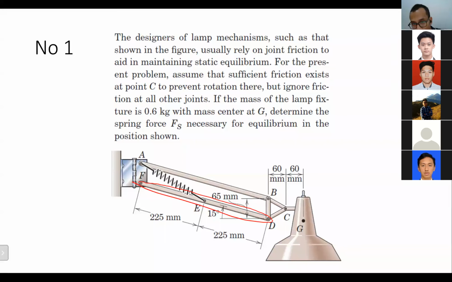It's a multi-force member. So if we draw the free body diagram of FD, there will be Dx and Dy here, Fx, Fy, and then at point E, there will be FAE there.